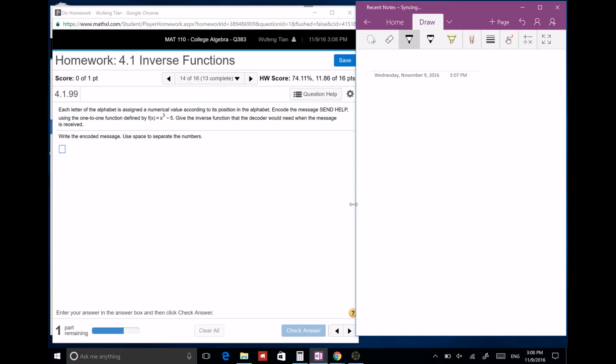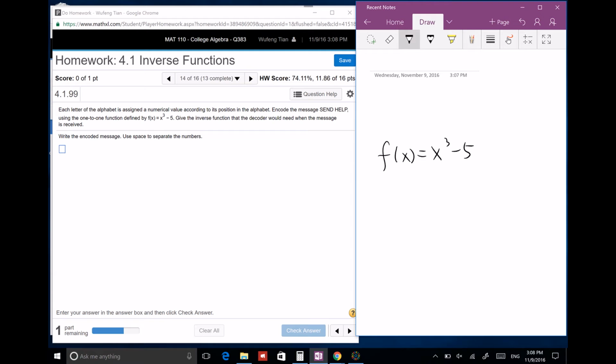Encode the message "send help" using the one-to-one function f(x) equals x cubed minus 5. Then get the inverse function that the decoder will need when the message is received.